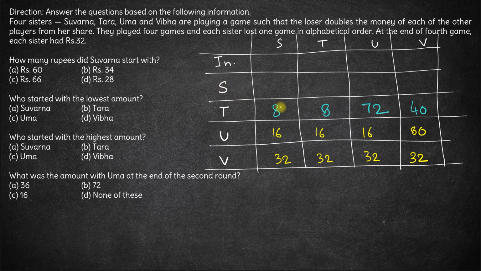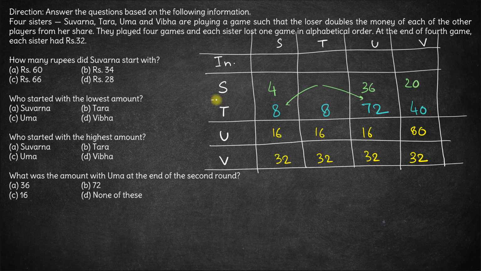Now this is the amount at the end of the 2nd round, correct? So what about the amount at the end of the 1st round? In the 2nd round we know T is going to lose. So T is going to distribute money to the other 3 people such that their amounts double. So the amount with S before the 2nd round must have been 4. This must have been 36 and this must have been 20.